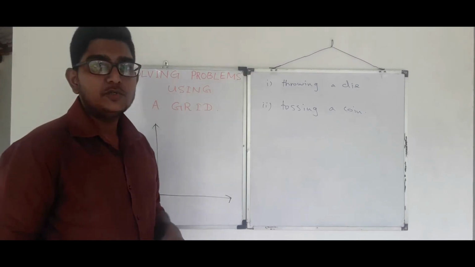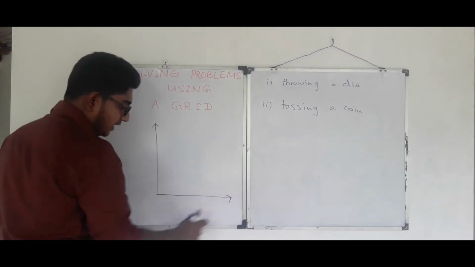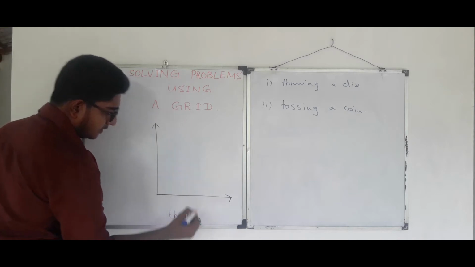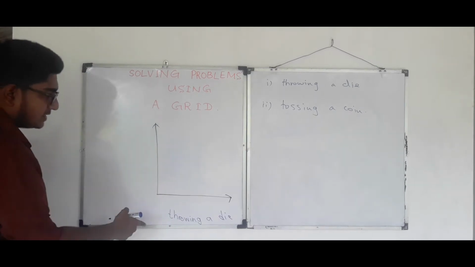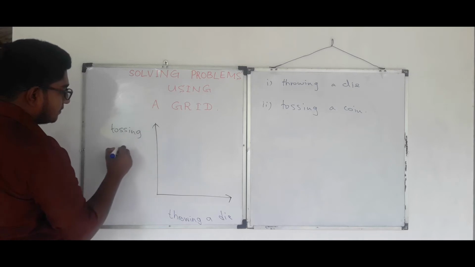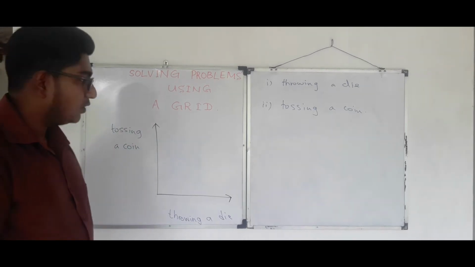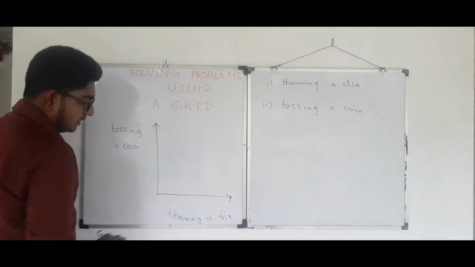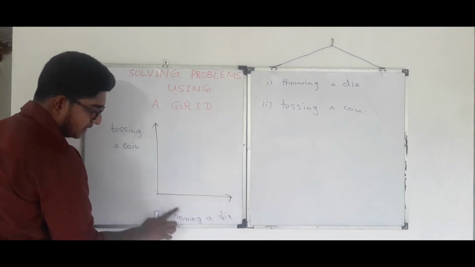We have been given two activities. First one, throwing a die. In this grid, I have to label one axis with the first activity and the second axis with the second activity. Then I have to mark coordinates in this grid representing possible outcomes for each activity.